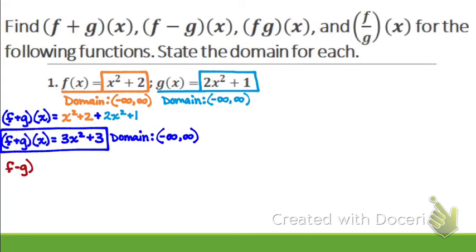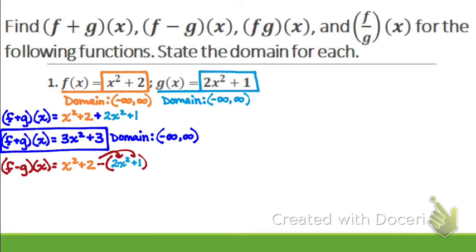Let's look at the difference of f and g. Have to be really careful when I'm looking at a difference. X squared plus 2, I'm fine to write down, but after my subtraction sign, what do I have to make sure to do? Distribute your negative. So I'm going to pop parentheses in here so that I don't forget to do that. 2x squared plus 1.